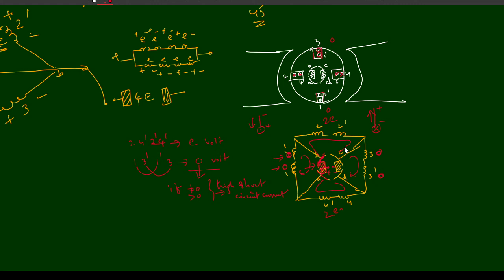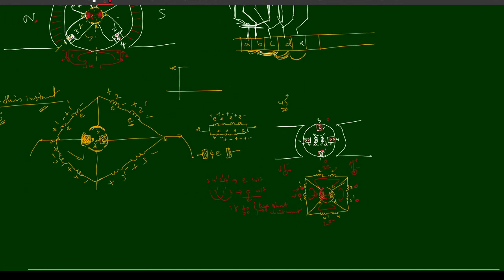If I again show the waveform here, at 45 degrees this is falling to 2E, and again it rises for a short moment, and at 90 it again falls to 2E, and it goes on like this. This is 135 and this is 180.